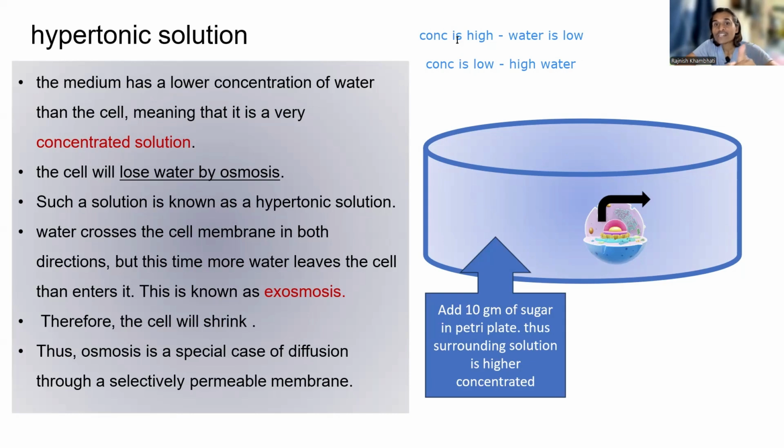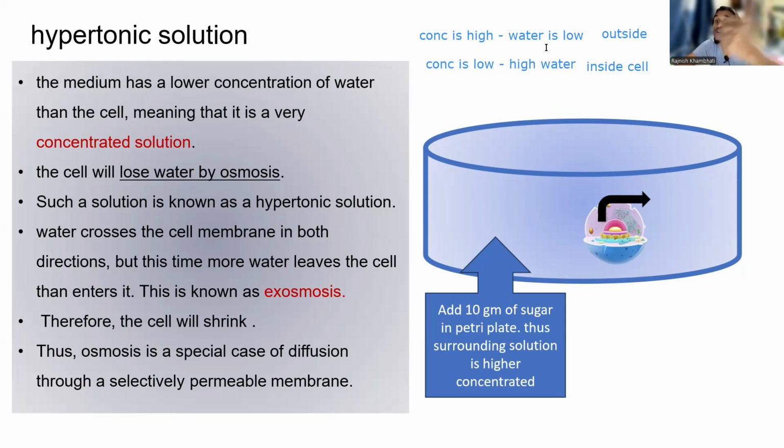Let me write here for you, so you do not get confused. This is the case of outside, and this is the case of inside the cell. So outside concentration is high.